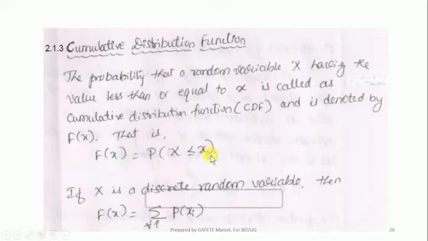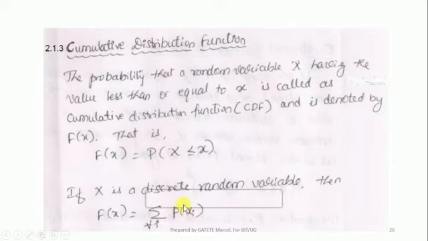If X is a discrete random variable, then Fx will be equal to the summation of all values which can be gotten by i, starting from 0 to the last value, Pxi.